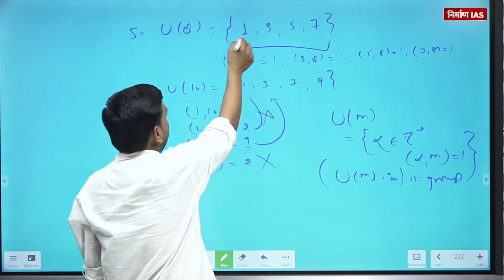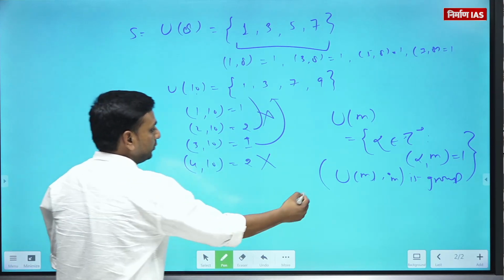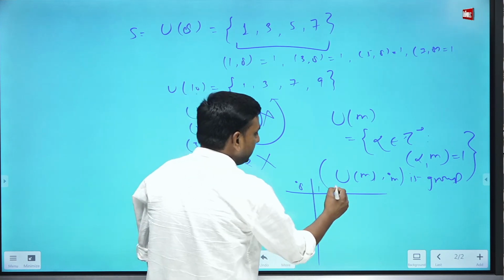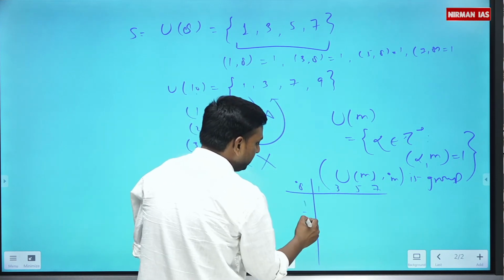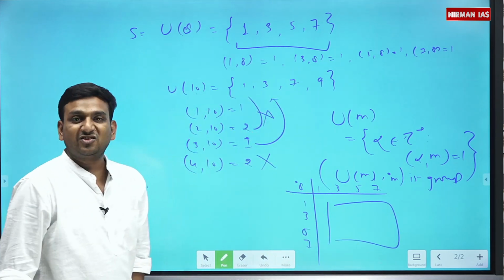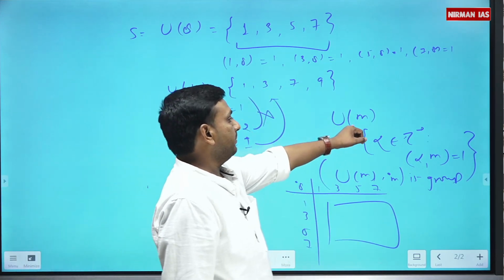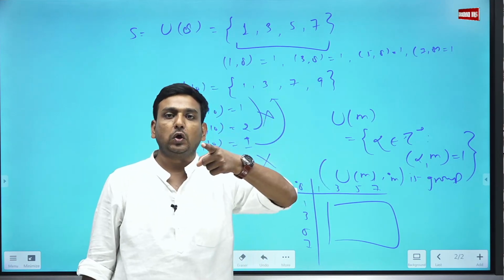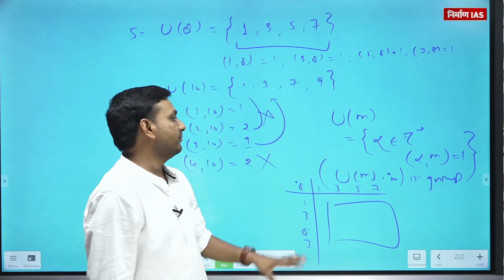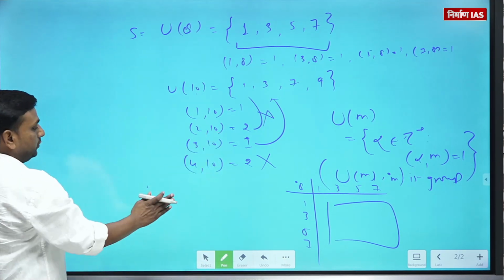For example, if I want to check U8, you can form the composition multiplication modulo 8: 1, 3, 5, 7, 1, 3, 5, 7. You can fill this table, and in general, UM with respect to multiplication modulo M forms a group. Is that clear? It's a very famous group.